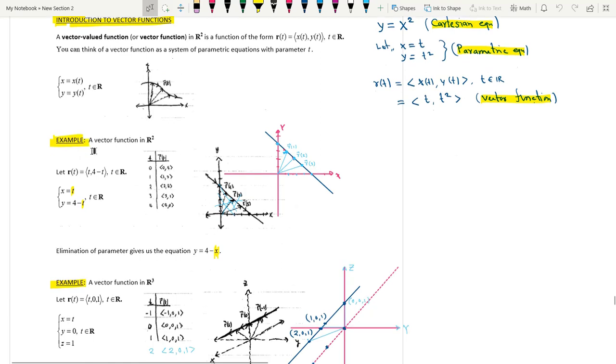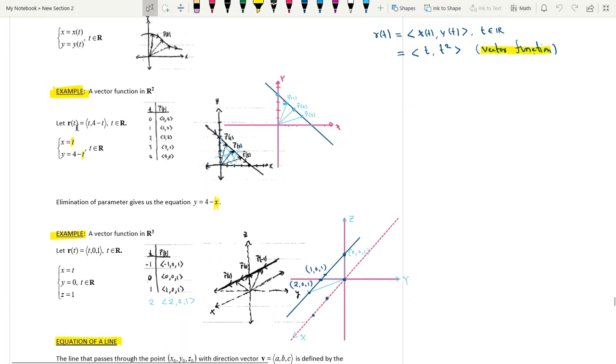Now in this example, we have the vector function r of t equals t comma 4 minus t. So x equals t and y equals 4 minus t, and we want to sketch its graph. If t equals 0, x becomes 0, y becomes 4.